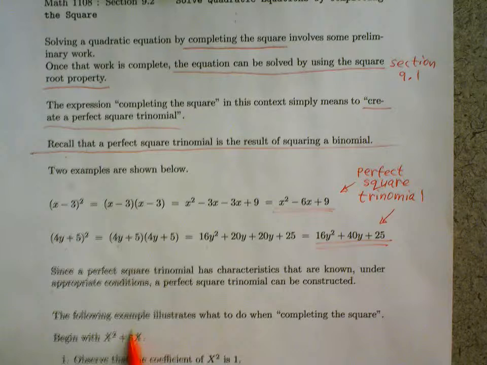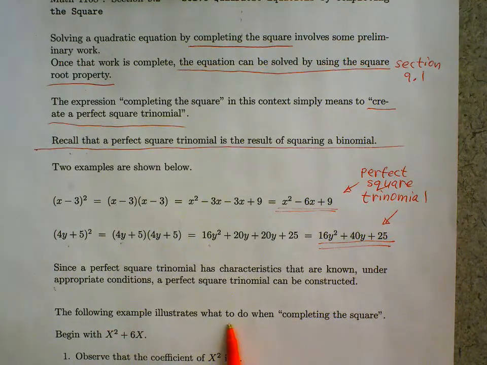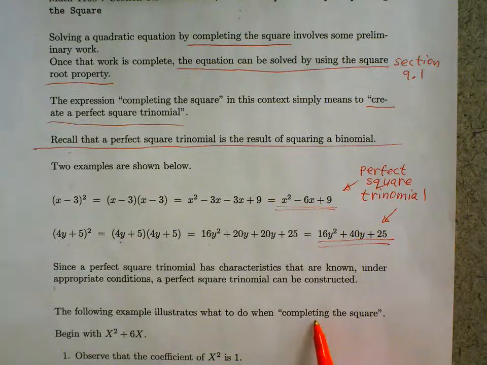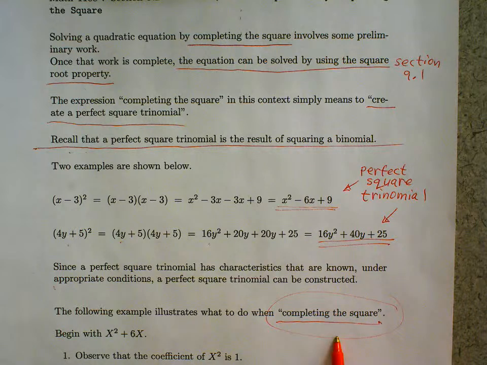So the following example illustrates what to do when completing the square. Remember what completing the square means? It means we're going to create perfect square trinomials.